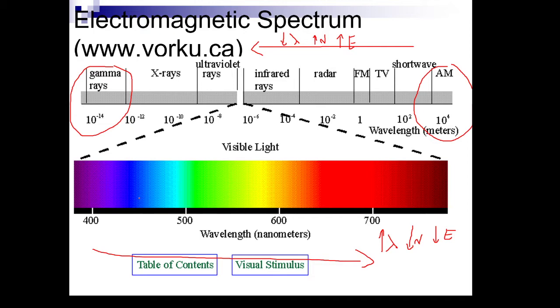Also, for a rainbow to be seen, the sun has to be at a specific angle, so you can only see rainbows at certain times of the day when the sun hits the moisture droplets at the correct angle to separate that light. That's another interesting thing. But why do we see the colors that we do?